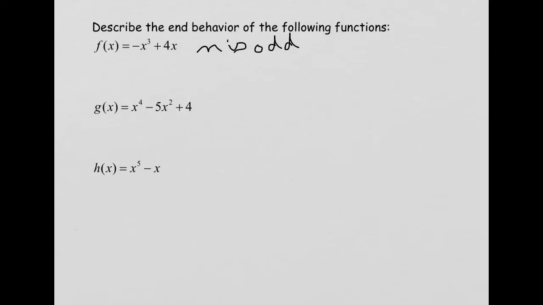Well, we can see it's negative, so we say that a sub n is less than 0. Now, if that's true, then we know f of x approaches positive infinity as x approaches negative infinity.